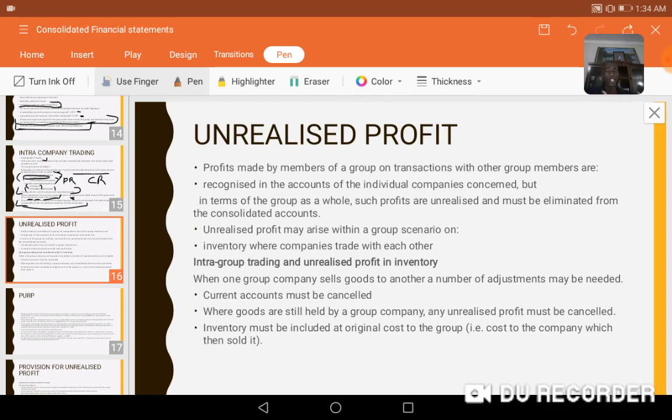Note this: it occurs when one party within the group sells something to another party within the group, and those goods are still within the inventory of the receiving party, waiting to be sold to an outsider or a third party. Okay?